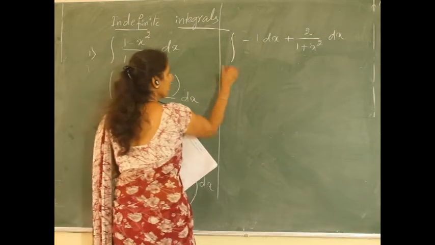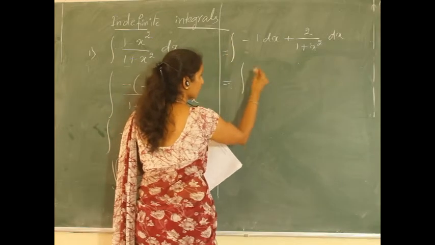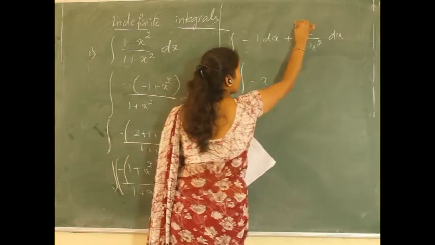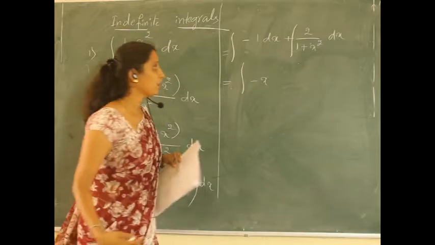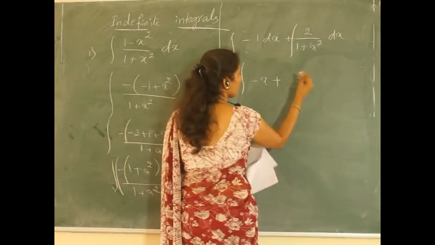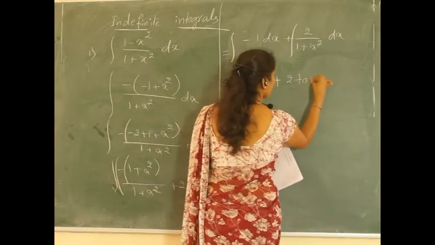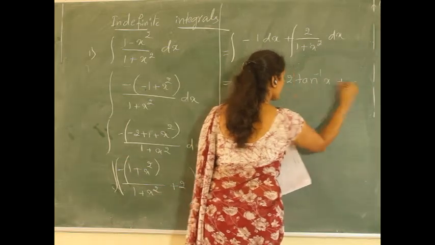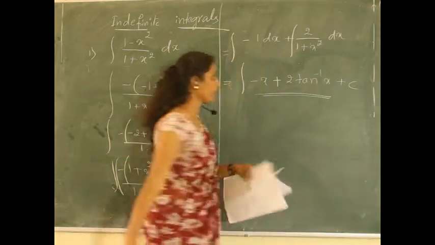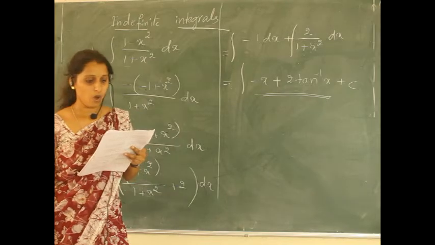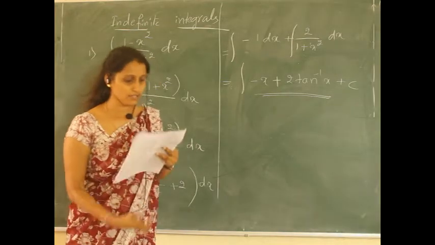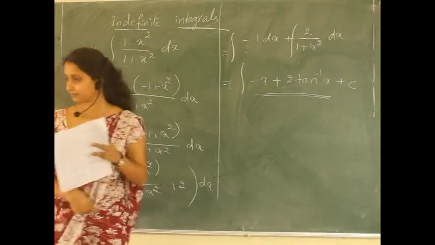So this will be equal to minus x plus 2 tan inverse x plus c. So the first answer is option D.